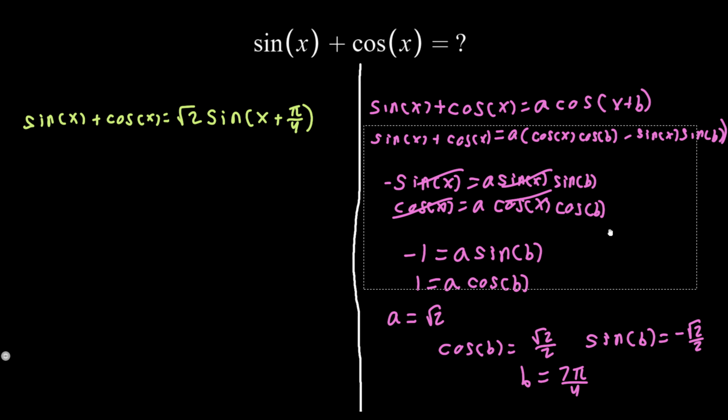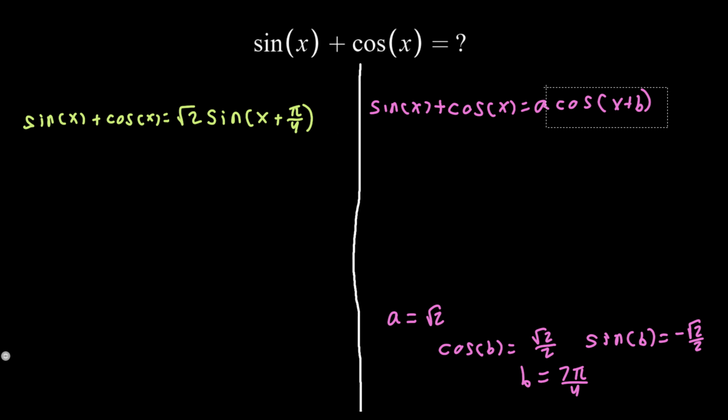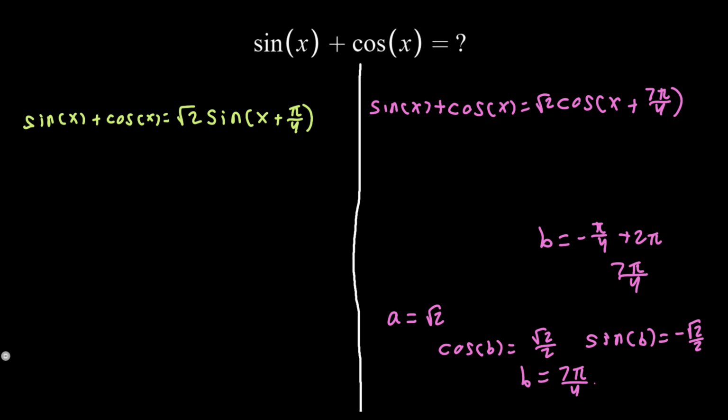With that, we found the cosine form as well. So we finally could say that we have root 2 cosine of x plus 7 pi over 4. b could also be negative pi over 4, but if we add 2 pi to make it positive, we end up with 7 pi over 4, which is the same thing. So we're just going to leave it as 7 pi over 4.